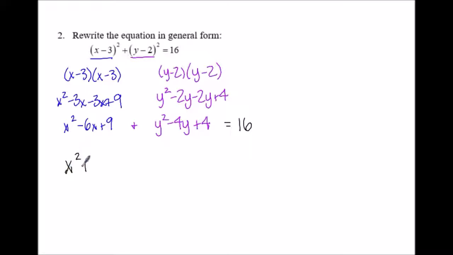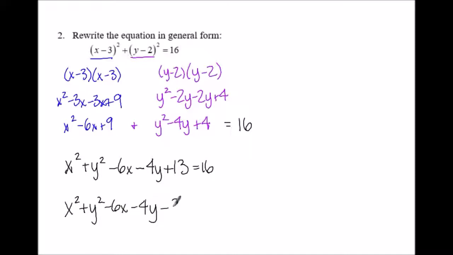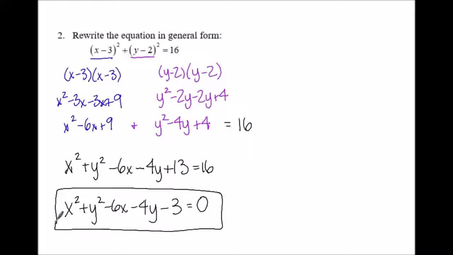So I have x^2 + y^2 - 6x - 4y + 13 = 16. And then I need to subtract 16 from both sides so that this is equal to 0. So if I subtract 16 from both sides, this is my final answer, the equation of that circle in general form.